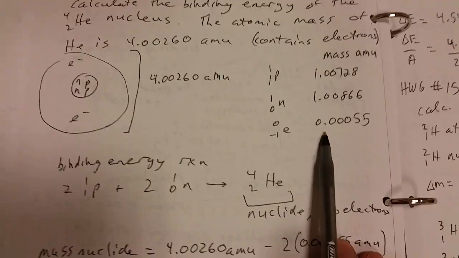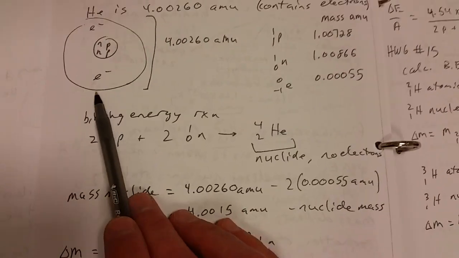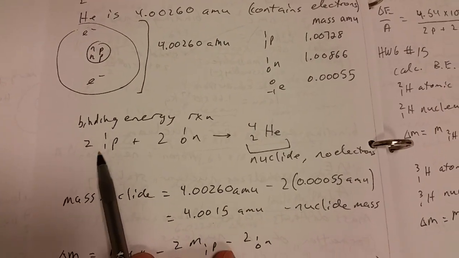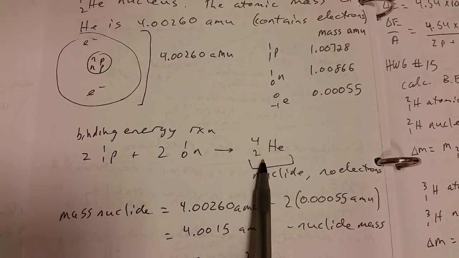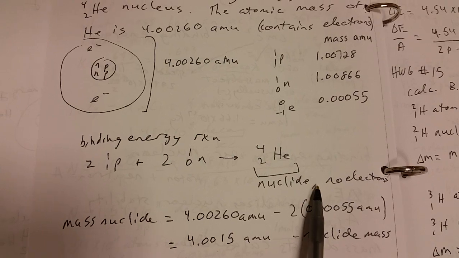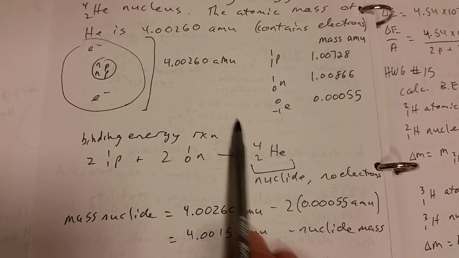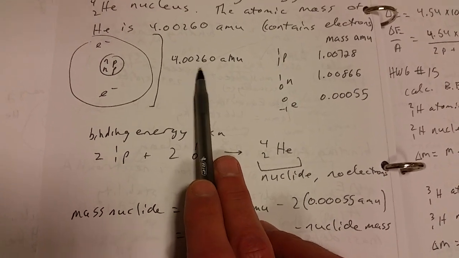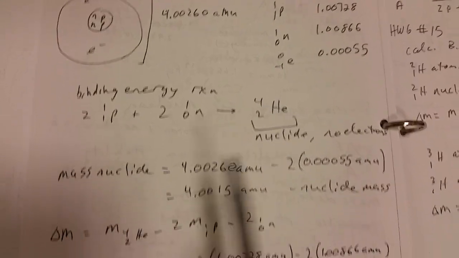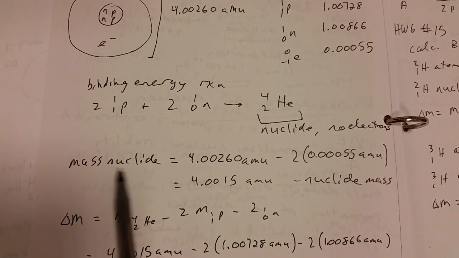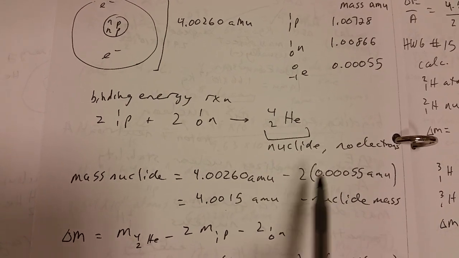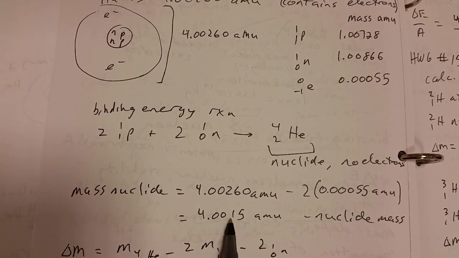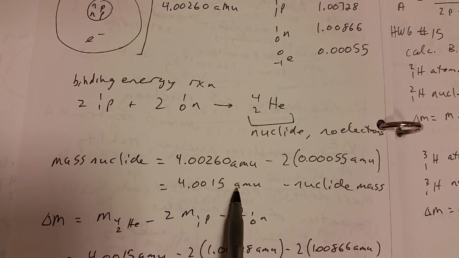In this binding energy reaction, to make this nucleus, we're going to need 2 protons and 2 neutrons, and that's going to make the helium-4 nucleus, or that nuclide with no electrons. But if we're given the mass of the helium atom, we have to subtract the mass of the electrons. So the mass of that nuclide is the mass of the whole atom minus the 2 electrons, and that gives us 4.0015, which is the nuclide mass.